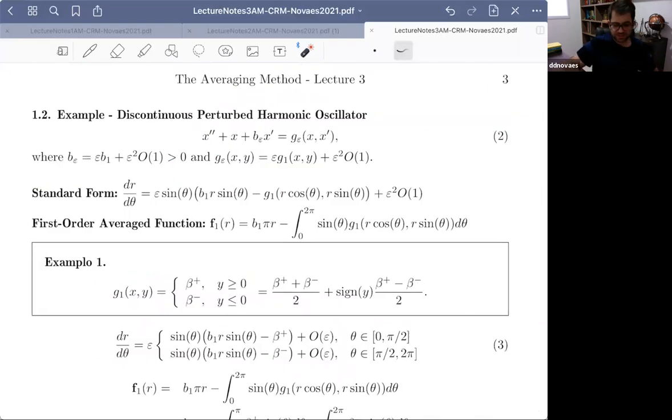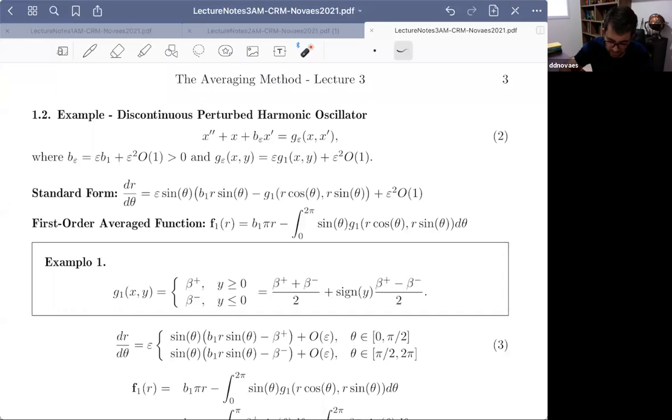Okay, so let's see an example. It's a discontinuous perturbation of the harmonic oscillator. Recall that in order to detect periodic solutions after the first order analysis, we had to assume that the perturbation was cubic in the smooth context and piecewise quadratic polynomial in the continuous but Lipschitz context.